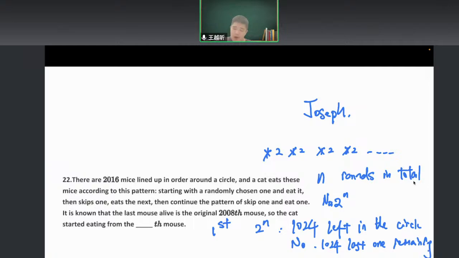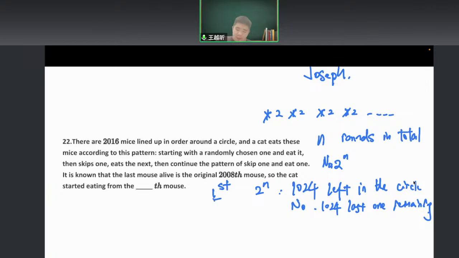You can try to follow this and figure out, if we start with the first mice, which mice will be the last one remaining. So that's the key question. The answer for this question is 25.